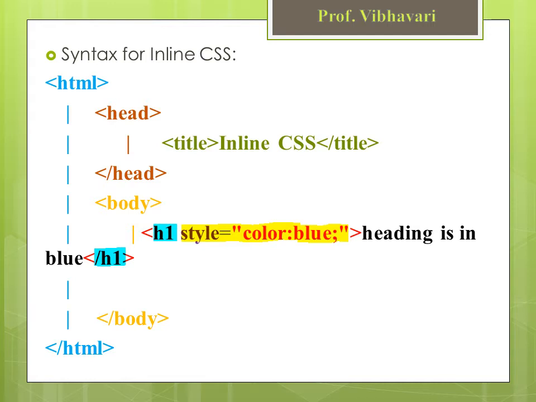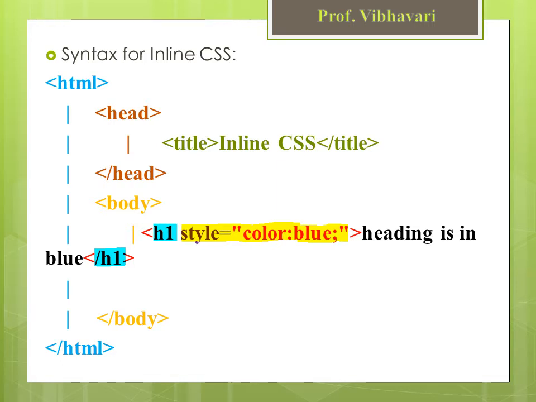As you are aware about the representation of the CSS, it is always in the form of selector and the declaration. Here you are going to see the selector in the form of h1, but the declaration is now in front of the style attribute.